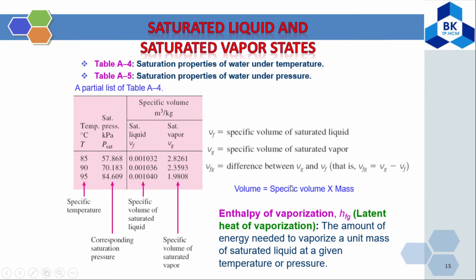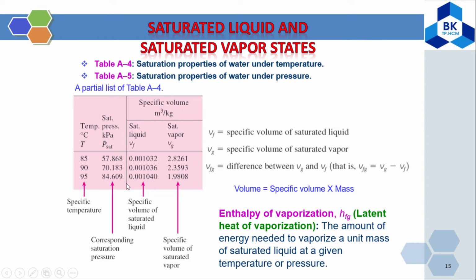So we have the table here. First we call the saturated liquid and the saturated vapor state. Table A4 is the saturation properties of water under temperature, and table A5 is the saturation properties of water under pressure.